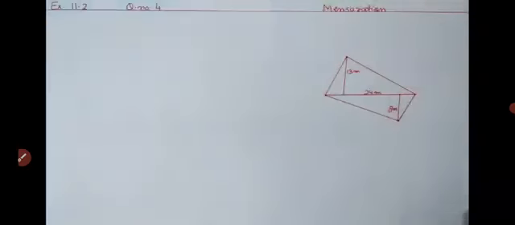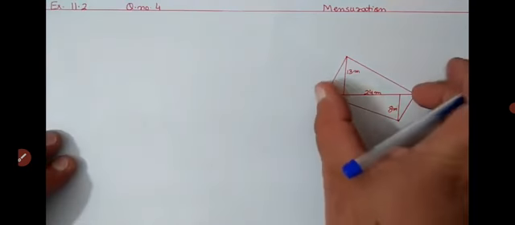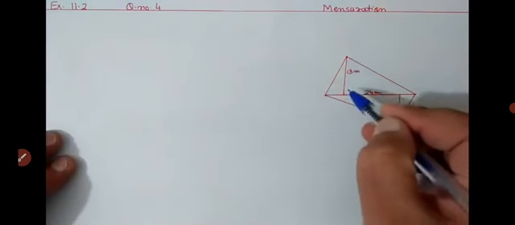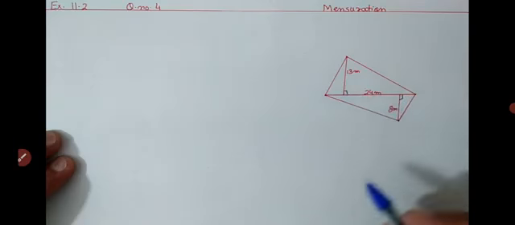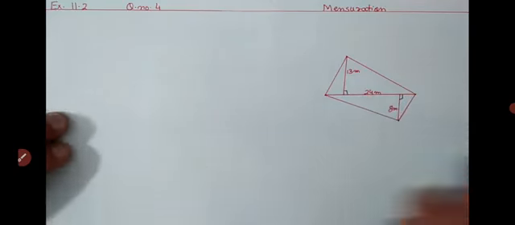The area of the quadrilateral is, this is the figure. 13 meter, this is perpendicular, so this becomes a 90-degree angle. Understand?